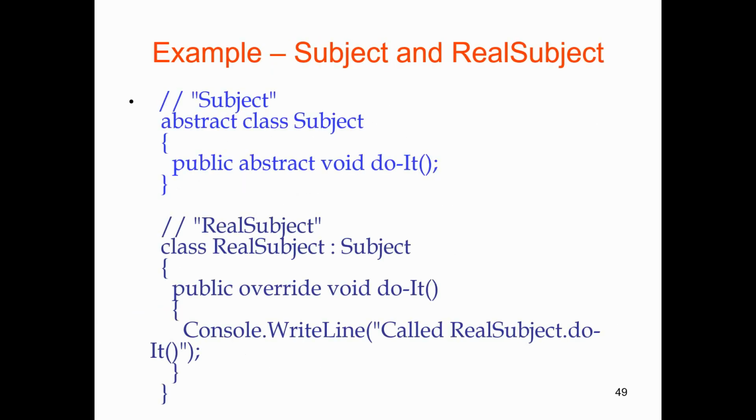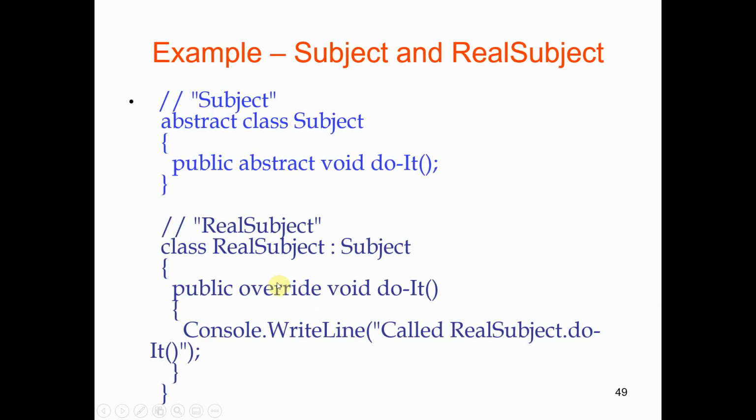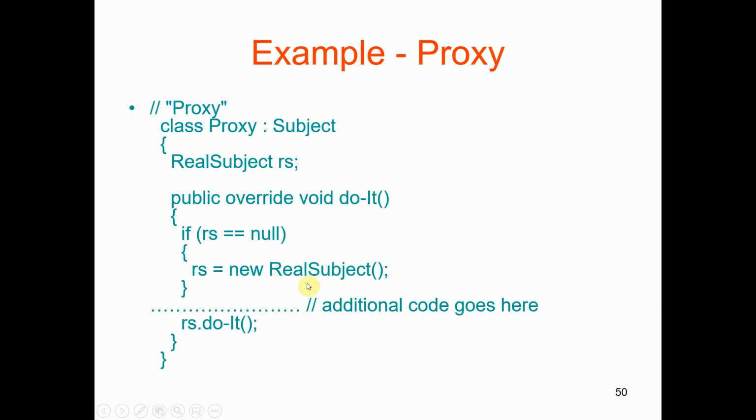Okay, let's look at how we implement that general structure. Here we have the subject, which defines the interface for the real subject and the proxy. The real subject contains the work to be done, and the proxy will forward the request to the real subject, and it has additional code here.